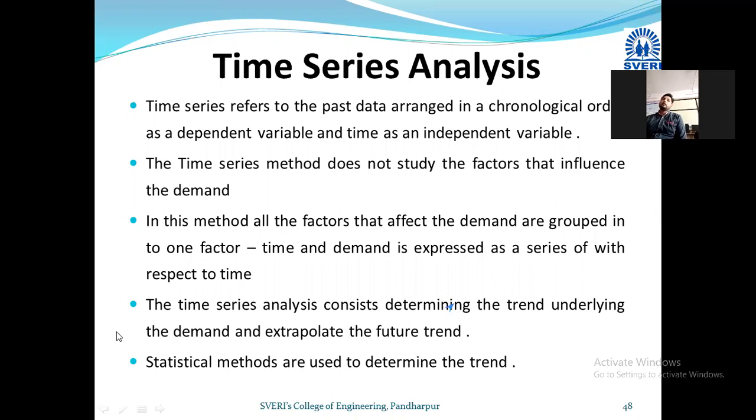Next point, the time series method. The time series method does not study the factors that influence the demand.